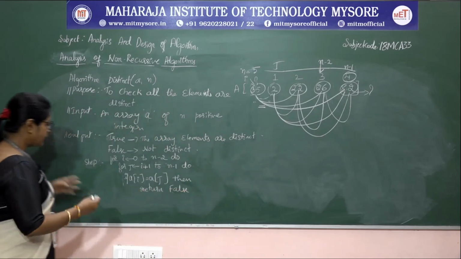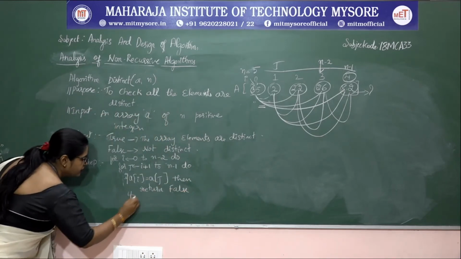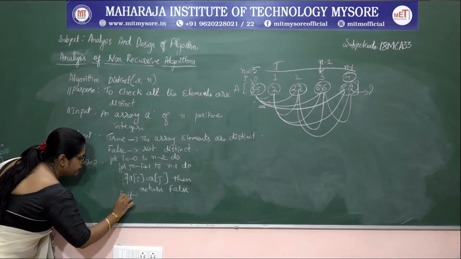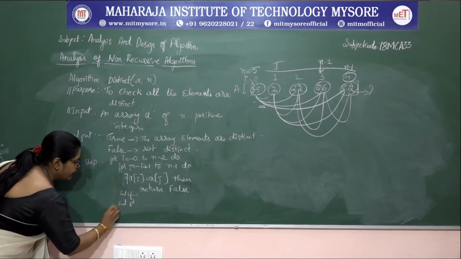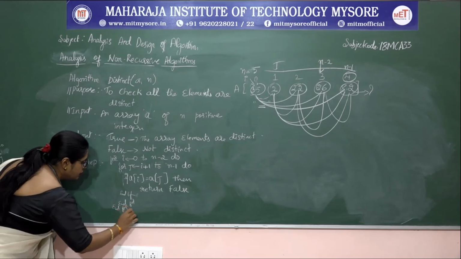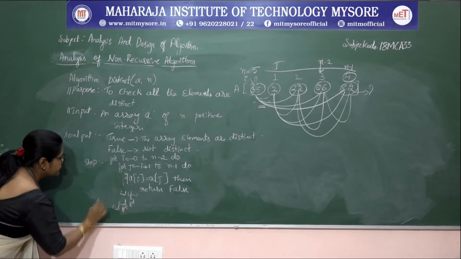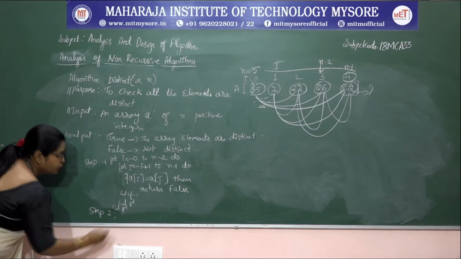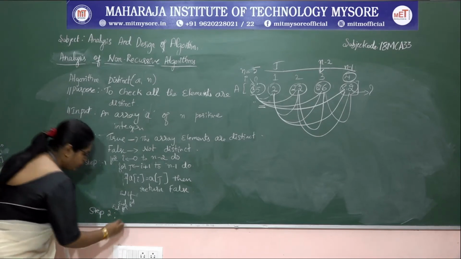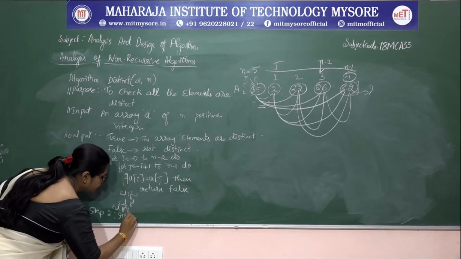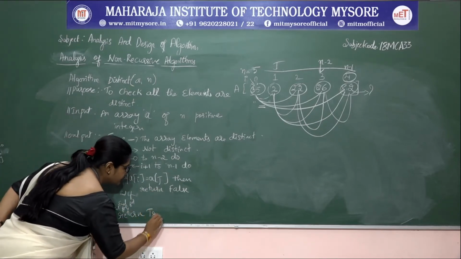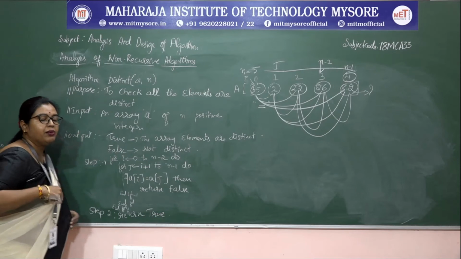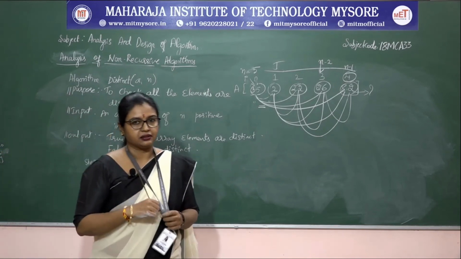At the last, after the if statement, end if, end for, and one more end for. In step 2, we are going to return the Boolean value true, saying the array elements are distinct.